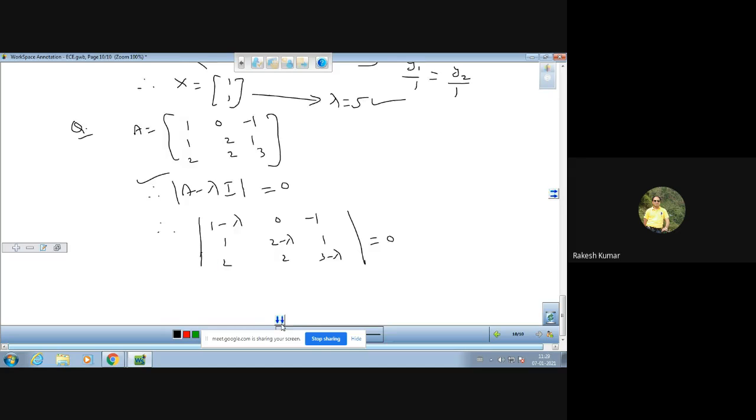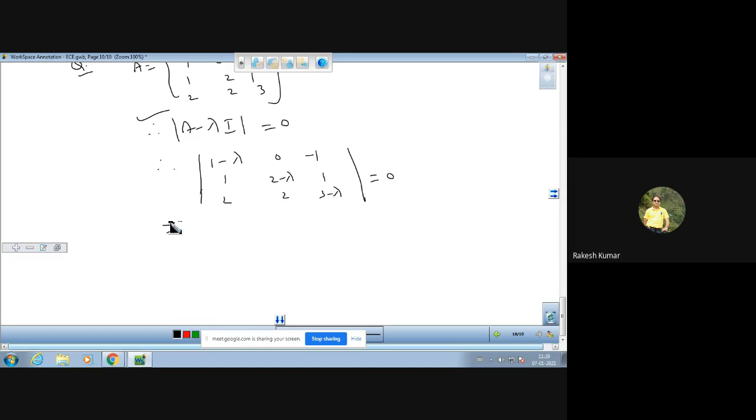So we can expand this characteristic equation: 1 minus lambda, and it comes out to be this into this minus this into this. So 2 minus lambda into 3 minus lambda minus 2. Expanding along 0 will give 0 only. And minus 1, this is 2 minus 2 into 2 minus lambda is equal to 0.